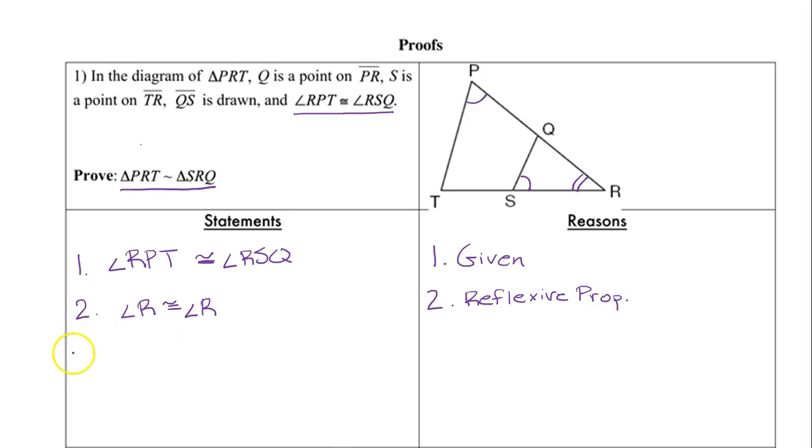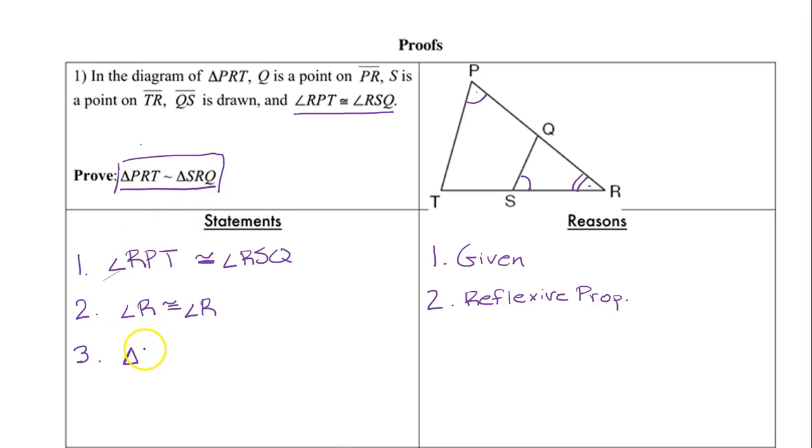And that's it on that one. On statement 3, since you have two angles in each that are congruent to each other, these two triangles are similar. So just say, triangle PRT is similar to triangle SRQ, the statement that I underlined earlier.